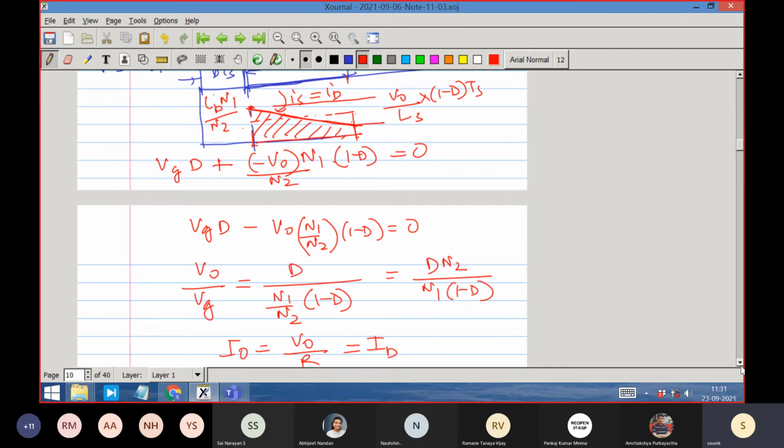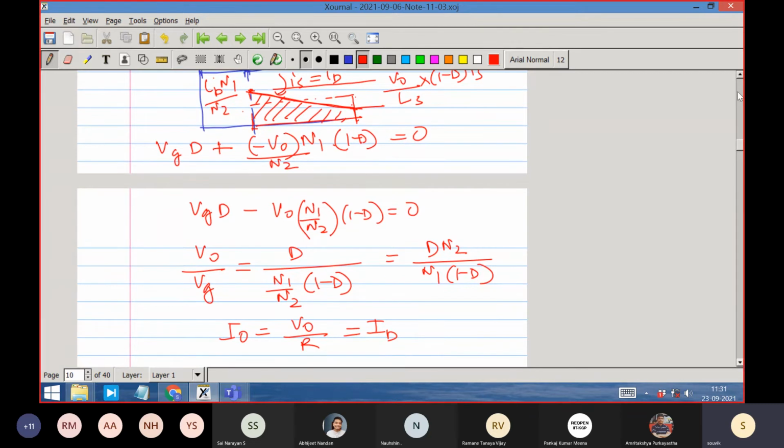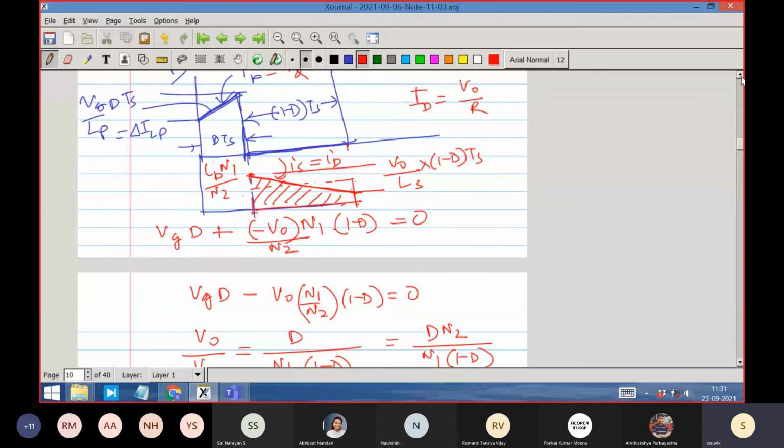So what will be the average values of these two currents? Let us try to find out. What is the average value of primary current and what will be the average value of the secondary current, right?